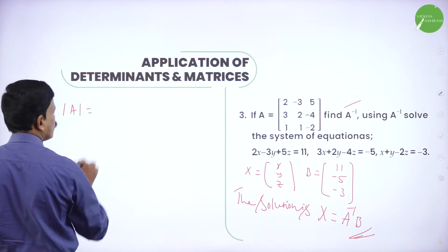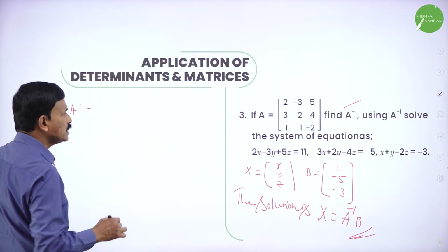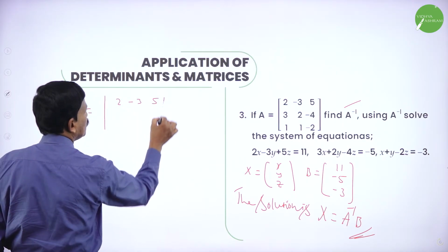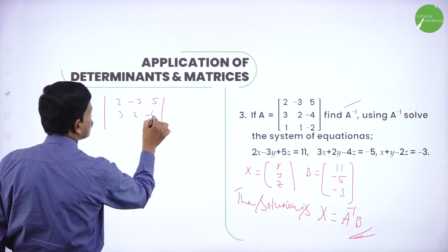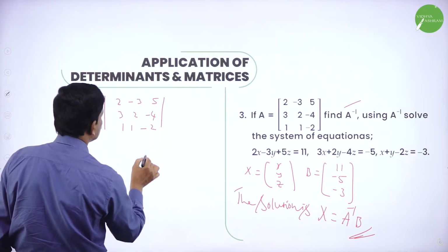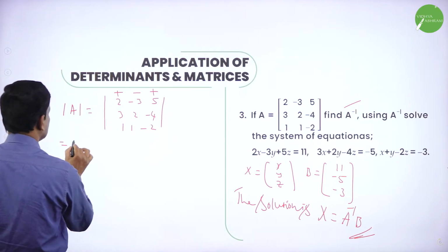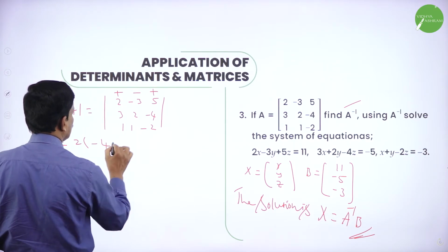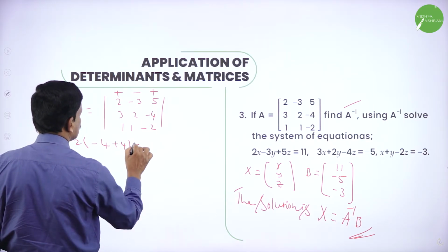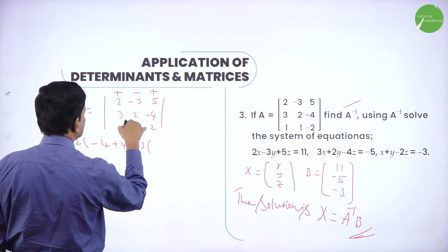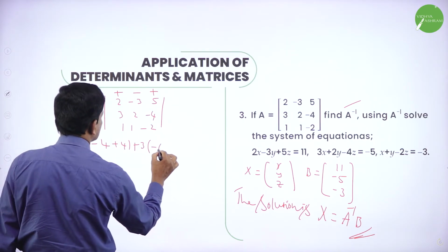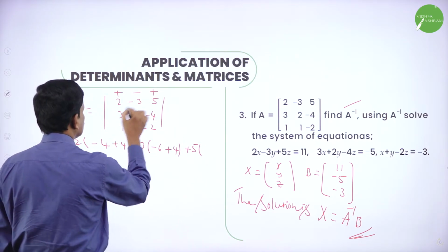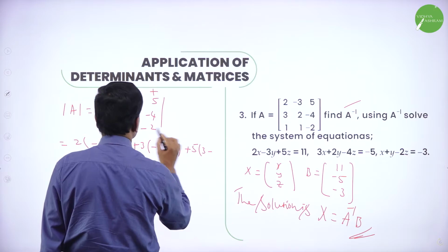So, A inverse. For that, we have to find the determinant of A. Determinant of A is the determinant of 2, minus 3, 5; 3, 2, minus 4; 1, 1, minus 2. The signs are plus, minus and plus. So, 2 into (2 times minus 2 is minus 4, minus into minus 4 is plus 4, minus 4 into 1 is minus 4), plus 3 into (3 times minus 2 is minus 6, minus 6 minus 4 is minus 2), plus 5 into (3 minus 2 is 1).